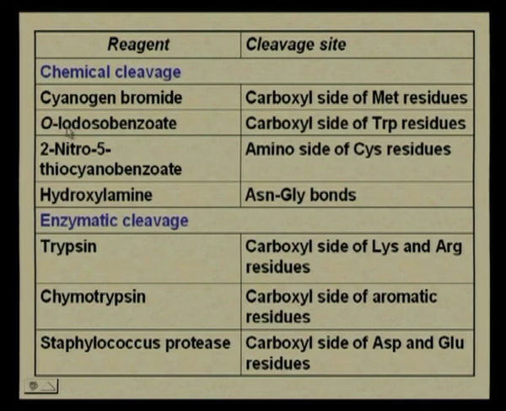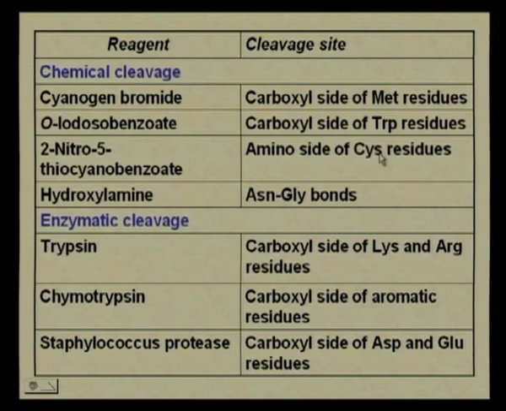I can have iodosobenzoate that is going to cleave on the carboxyl side of tryptophan residues, and the useful thing here is that since proteins do not have many methionine, tryptophan or cysteine residues, it is easier for you to get fragments. So, say you have a protein, for example, let us look at ribonuclease A, it has 8 cysteine residues. Okay.